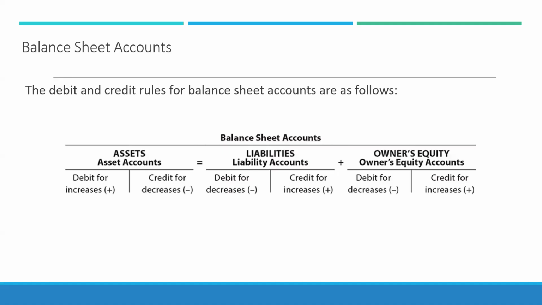On this side, liabilities and owner's equity, credits increase liabilities and owner's equity, and debits decrease liabilities and owner's equity.